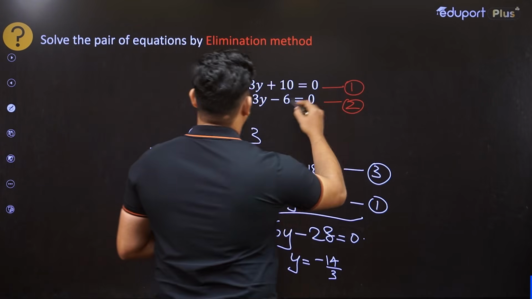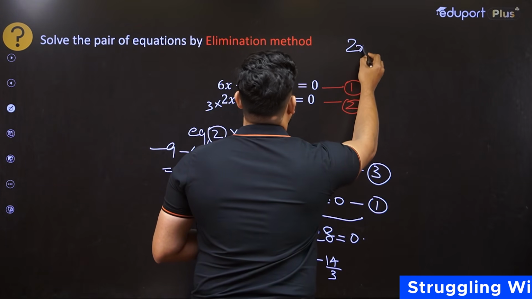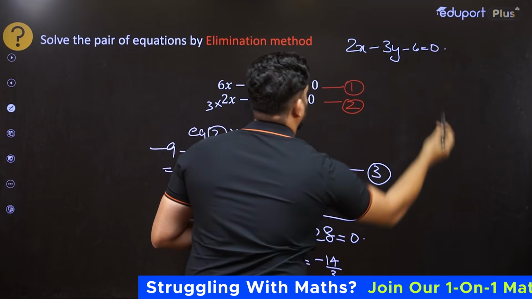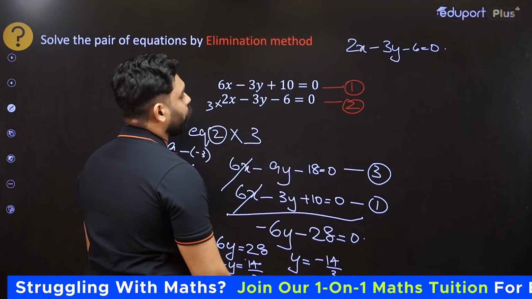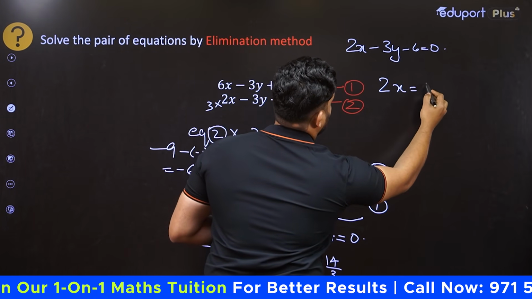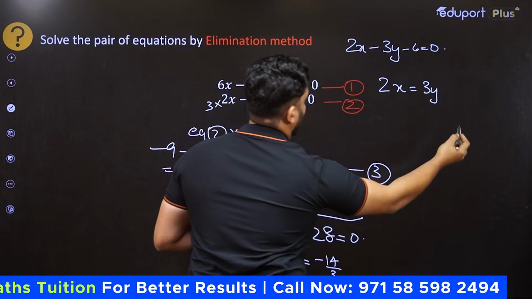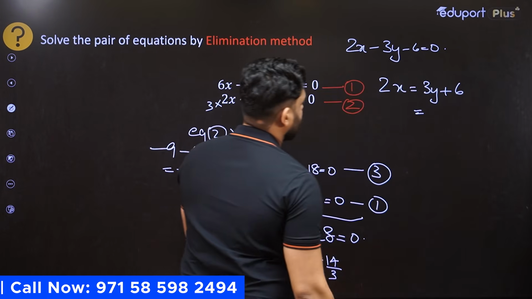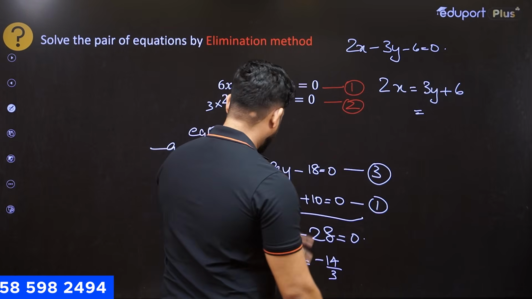That is, take the equation 2x minus 3y minus 6 is equal to 0. You already got the y value as minus 14 by 3. So 2x is equal to 3y plus 6. That is, substitute the value of y here.